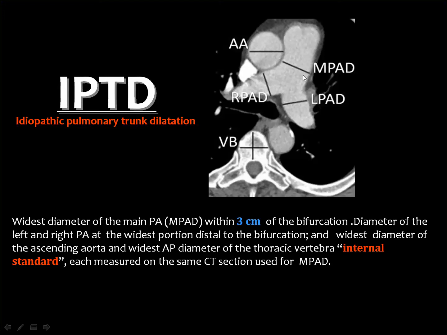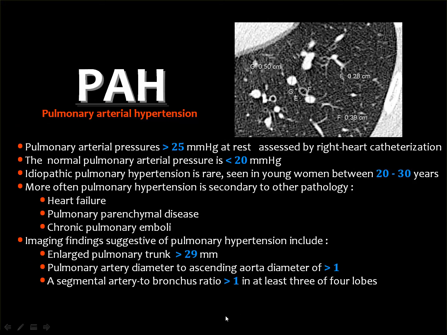Then we have the actual diameter of the pulmonary artery, and you compare it to the diameter of the ascending aorta. Sometimes they use the diameter of the dorsal vertebra, which is present at the same level, as an internal standard for measurements, but this is a simple way to reach the diagnosis.